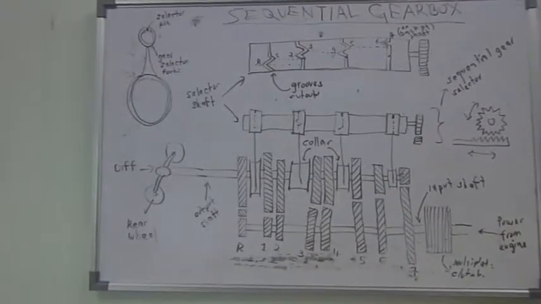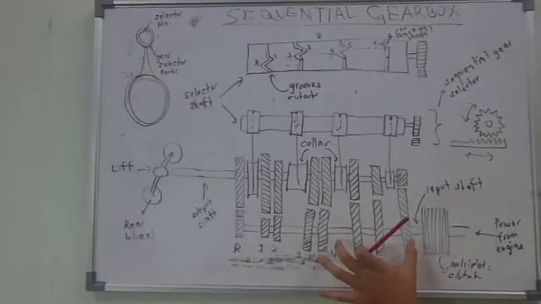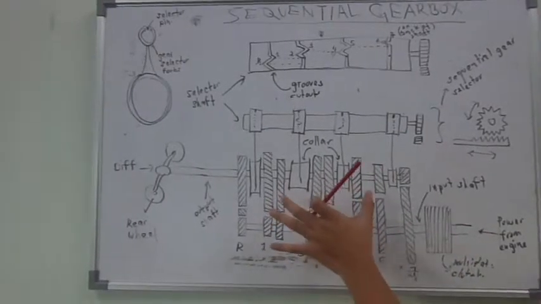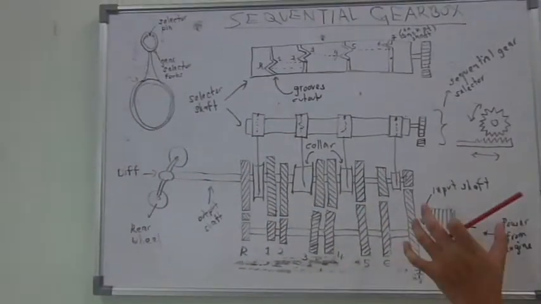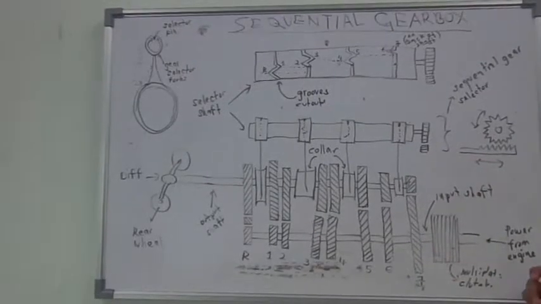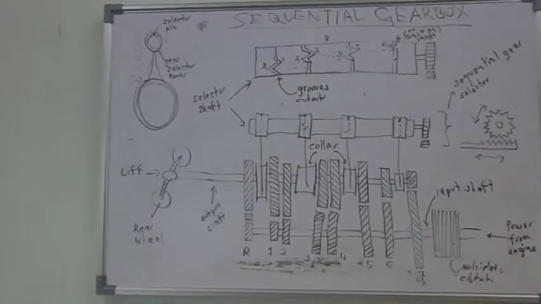What is important is the difference between the input shaft and the output shaft: they rotate at different speeds when the engine and the transmission transfer the power.